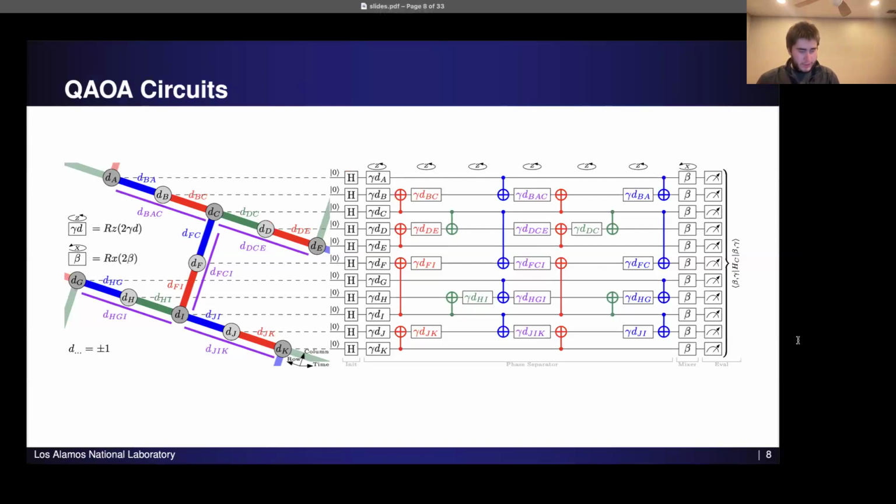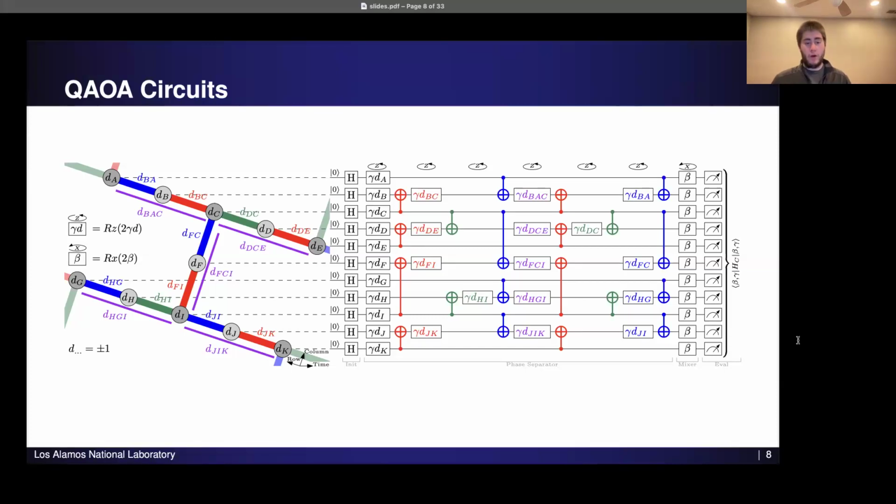So we constructed a QAOA circuit that can sample these hardware compatible Ising models very efficiently. In particular, the very interesting feature of these circuits is that we are able to address the additional cubic terms that are spread throughout the entire lattice with the introduction of only a single layer of single qubit gates.